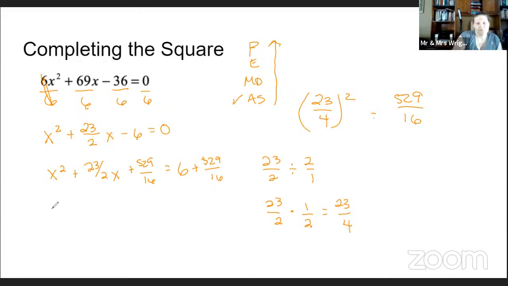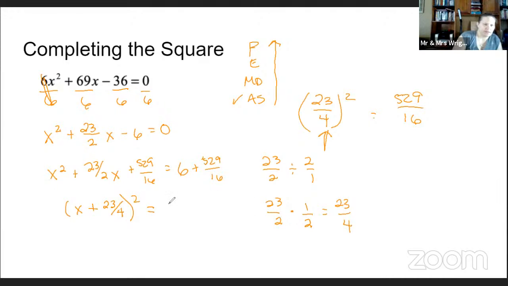Then you factor it, remember? So x plus, what's going to go here? This number that we were squaring is going to go here: 23 over 4 squared equals, I think I'm just going to write the decimal, not the fraction.